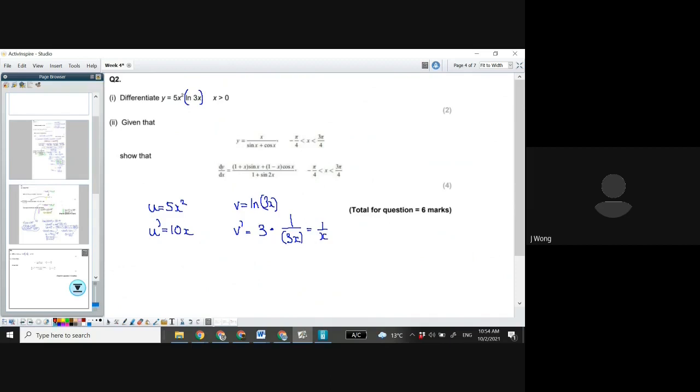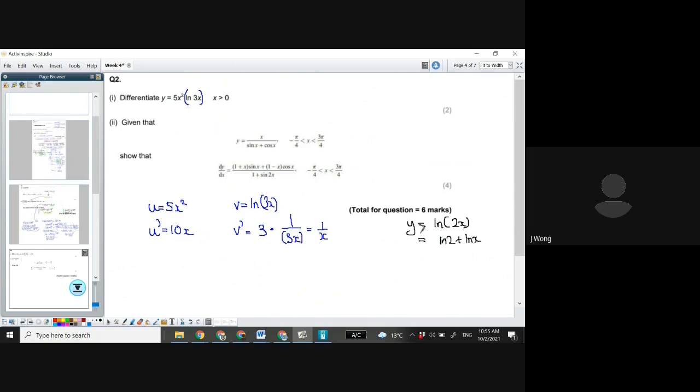Just a note here, when I differentiate ln 3x or ln kx in general, the reason why I will always get just 1 over x is that we could explain it using logarithm rules too. So ln 2x, I could rewrite using logarithm rules as ln 2 plus ln x.